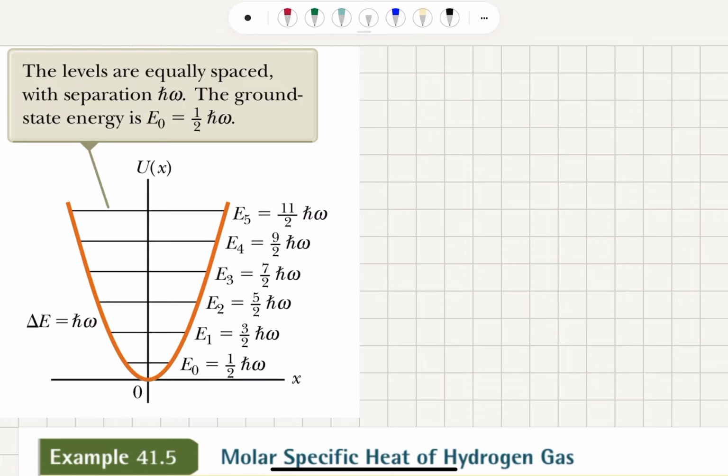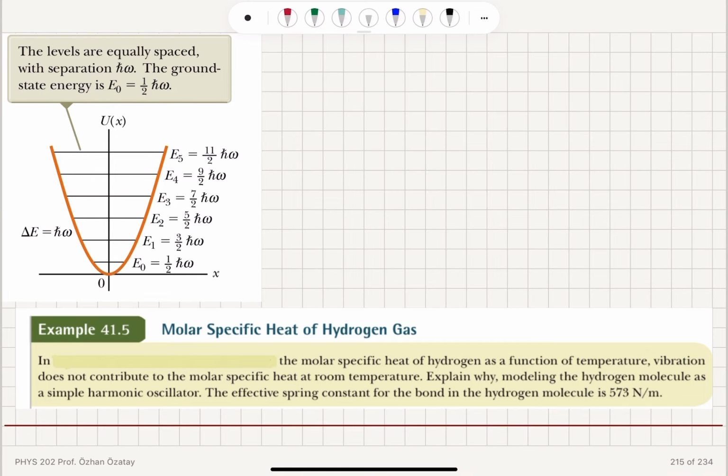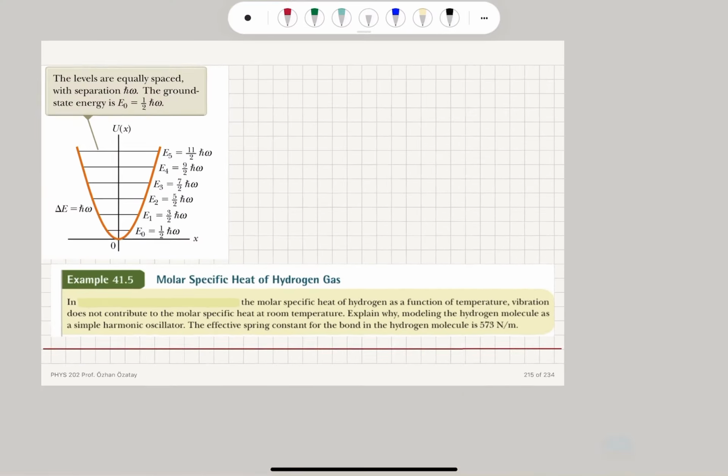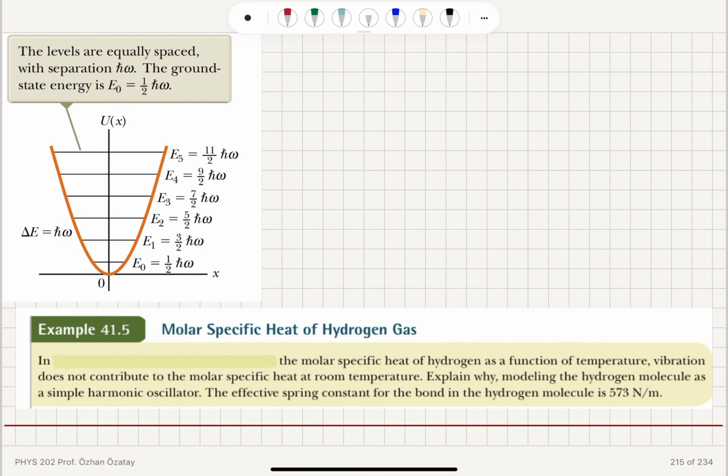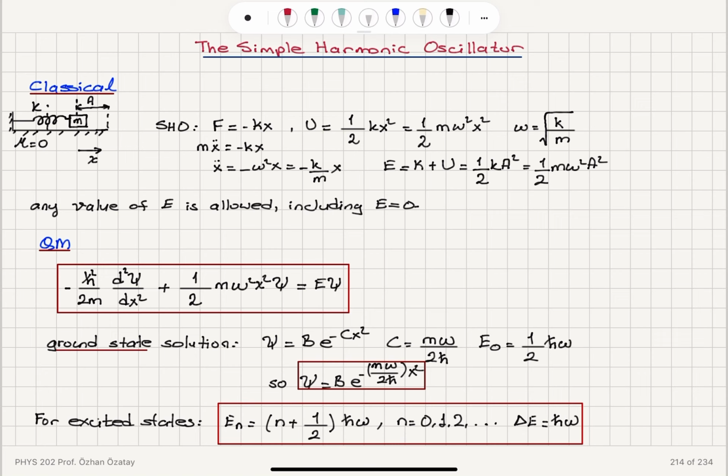We can see that energy levels are quantized, and E equal to 0 is not allowed. But in the classical case, E equals 0 is allowed, and energy is a continuous variable, so it may have any value. Even values between 1/2 h bar omega and 3/2 h bar omega would be allowed classically, but quantum mechanically this is not allowed.